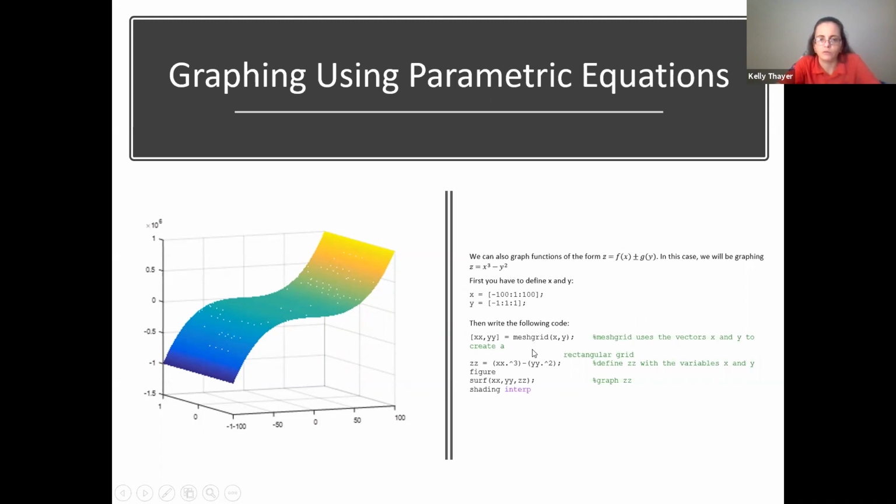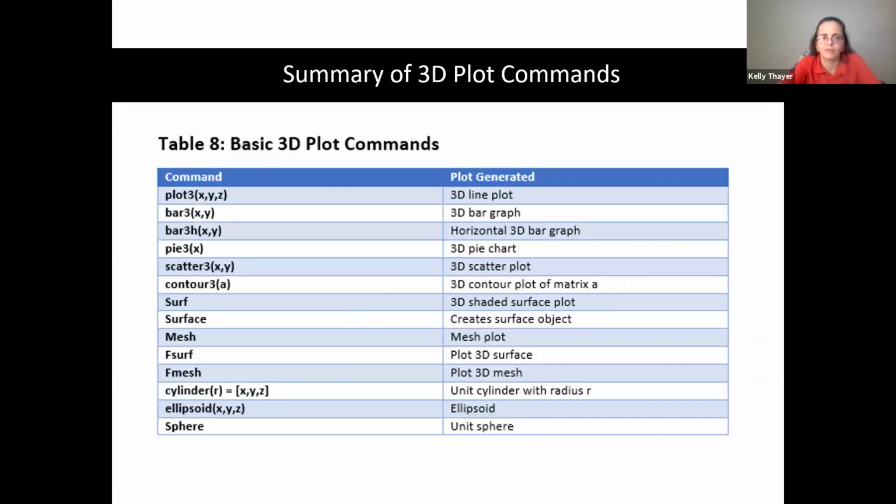Then we're basically going to do the meshgrid, which is going to use the vectors x and y to create the rectangular grid. Then we're going to calculate the z-axis, and that is going to give us the three-dimensionality. The next thing we need to do is create the surface, and then shade the surface using interpolation, as we did for some of the other graphs.